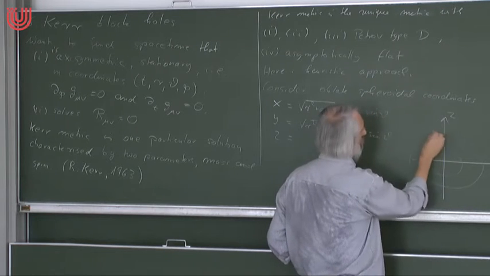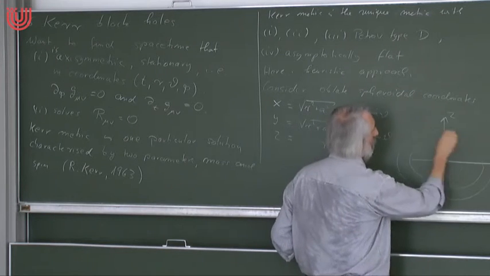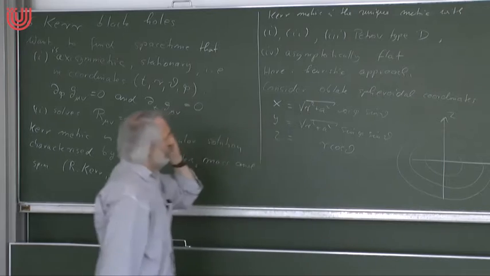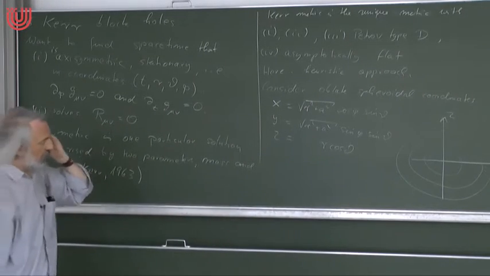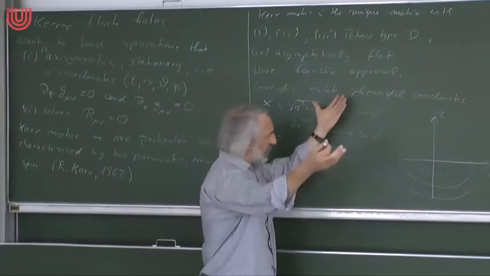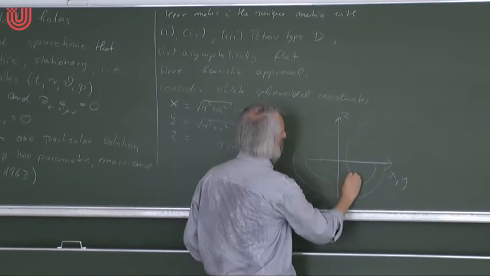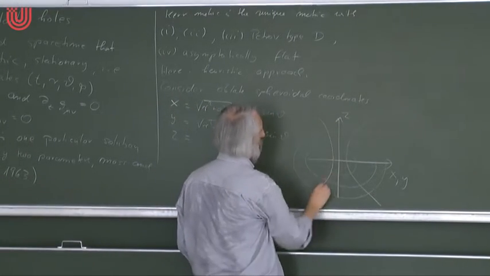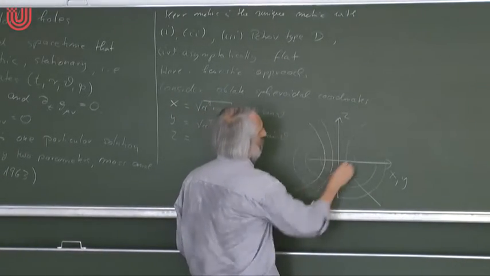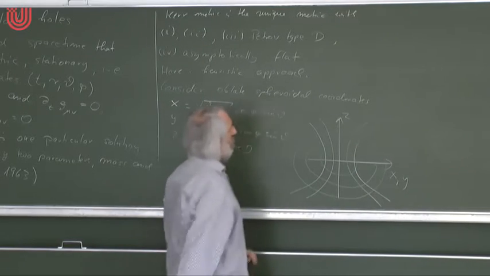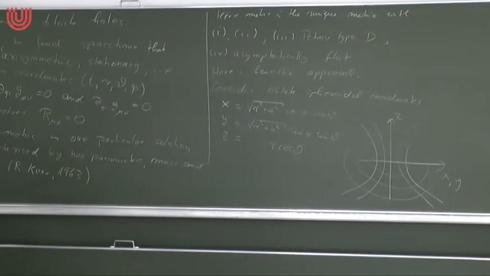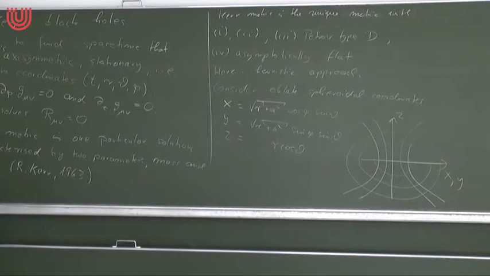Okay? And the surfaces theta equals constant are no longer cones. In the case a equals 0, they would be cones. Now they are hyperboloids. They are like that. So these are the oblate spheroidal coordinates.